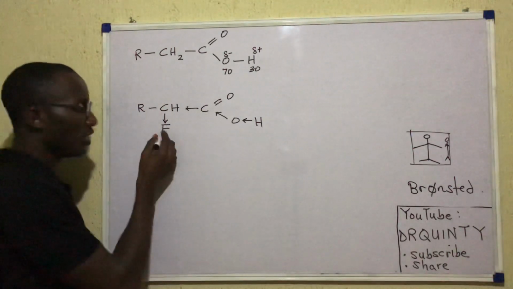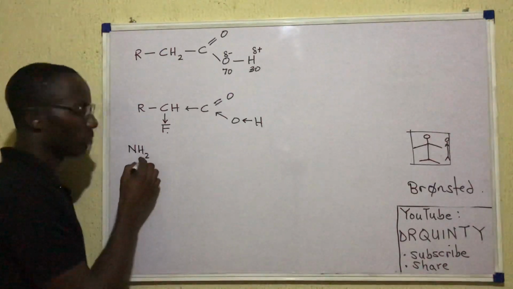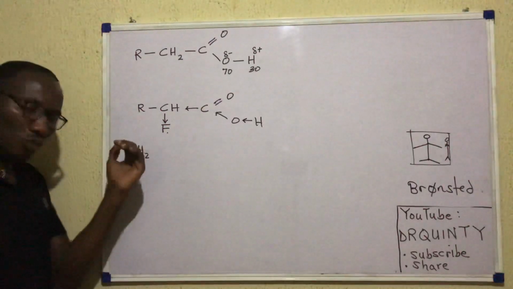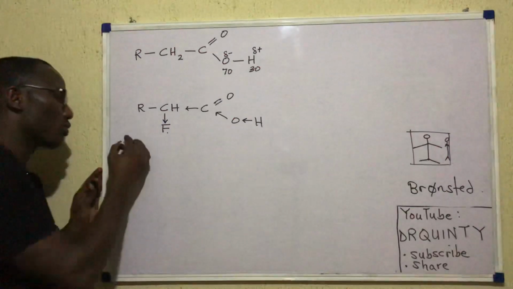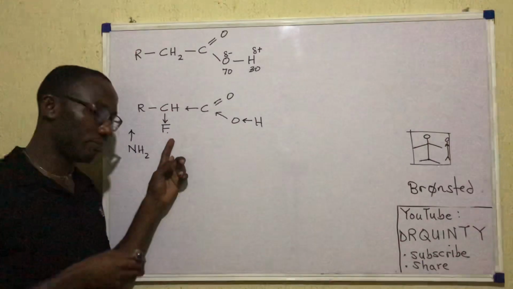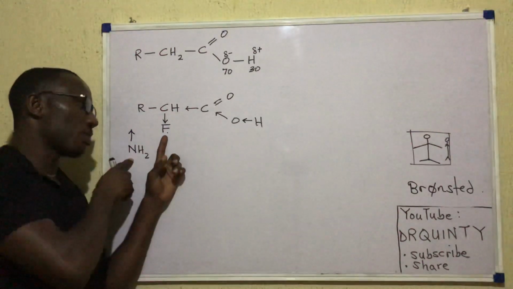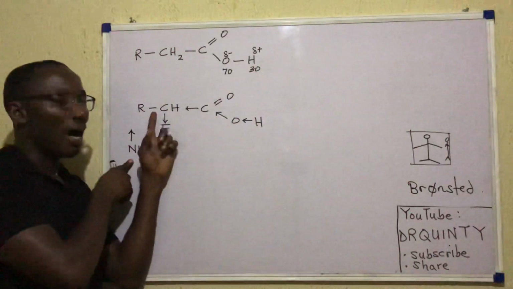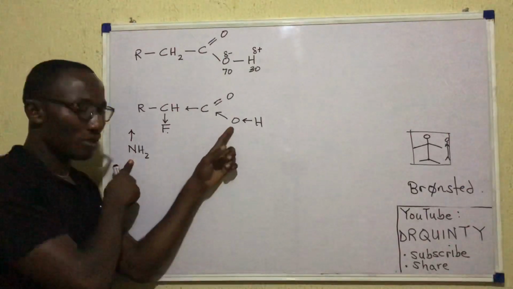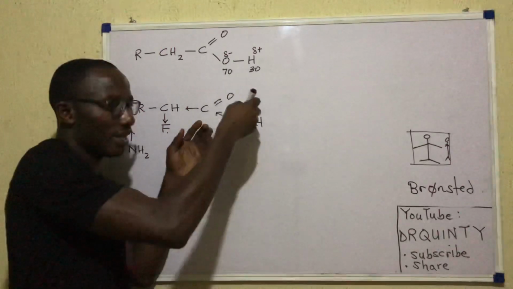But what if in place of F, I had introduced a group like NH2, the amino group? Unlike the F that is electron withdrawing, the amino group is electron releasing. So if that's what I had put here, then there would have been donation of electrons from the amino group to the carbon, and from that carbon to this next carbon, and from that carbon to oxygen, so that eventually the situation here gets better.